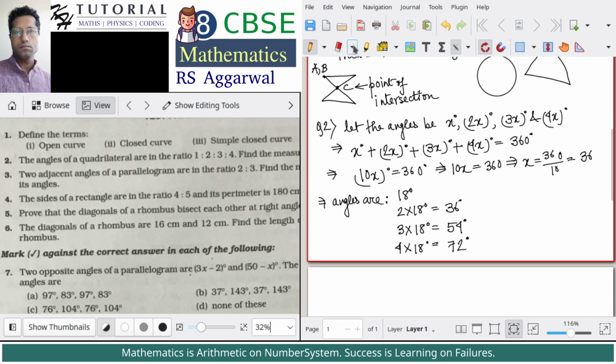I will appreciate that. So this is 36 degree. This will be all 36 degree.